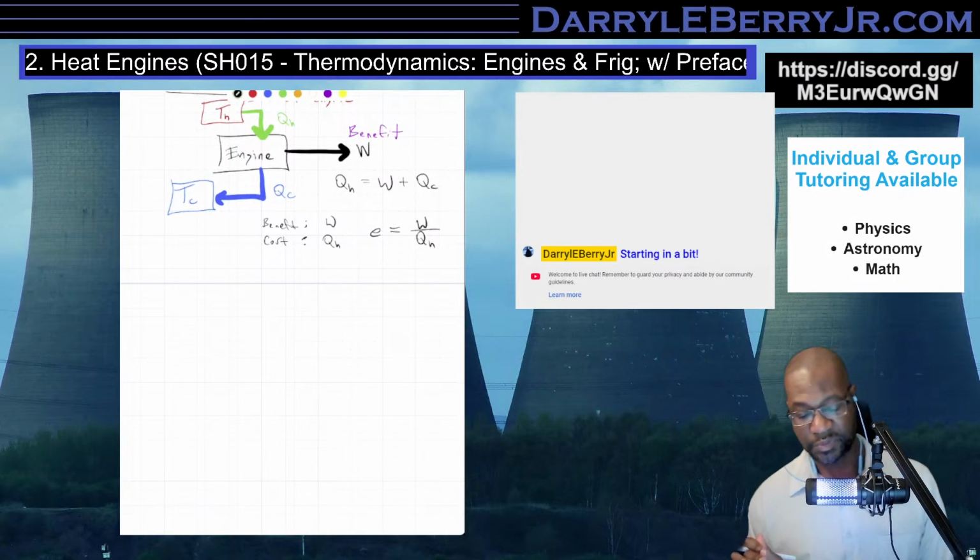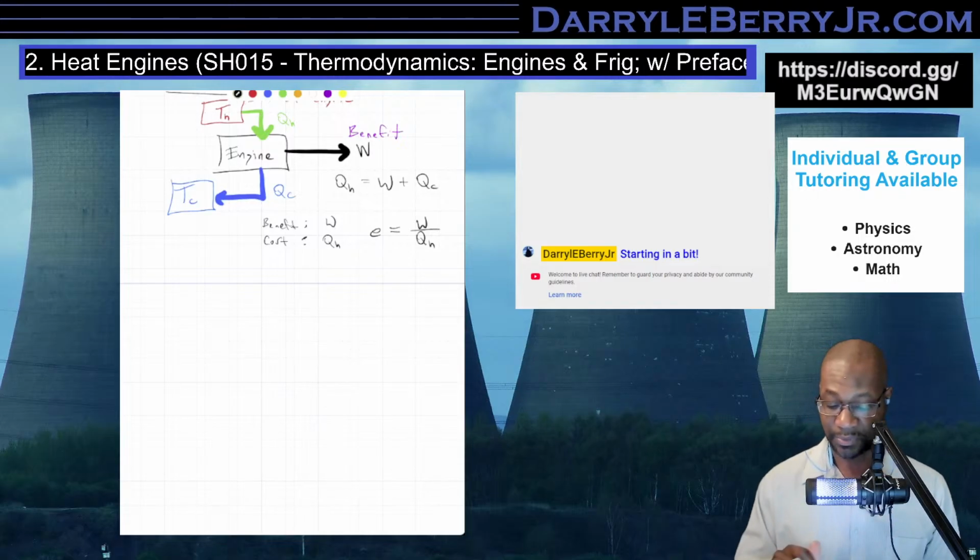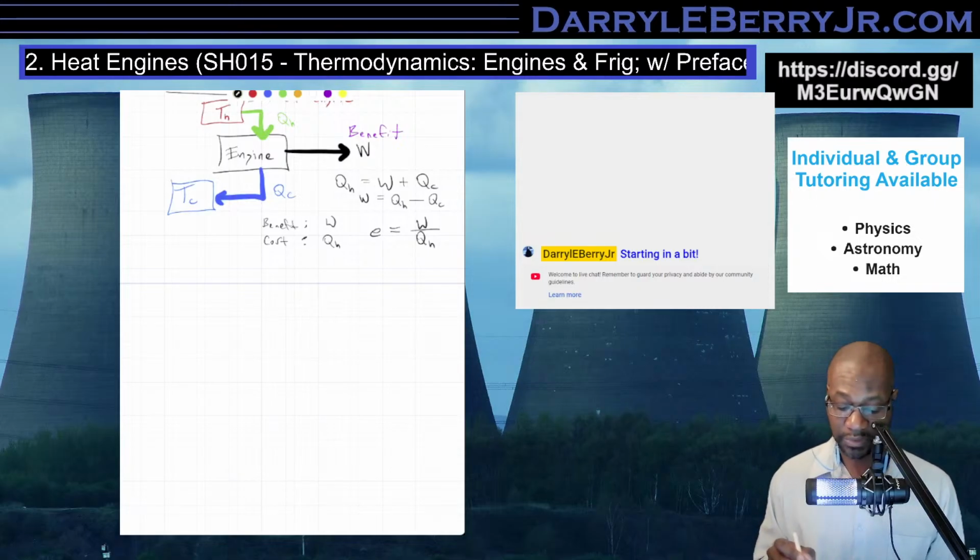So what we can do is make this into a simpler form utilizing the first law, because from the first law, if we were to rewrite this, we can see that work equals the heat from the hot reservoir minus the heat that's being dumped into the cold reservoir. So we can say E equals work over QH. That's simply rewriting the efficiency.